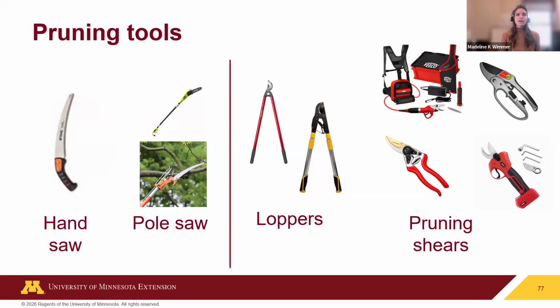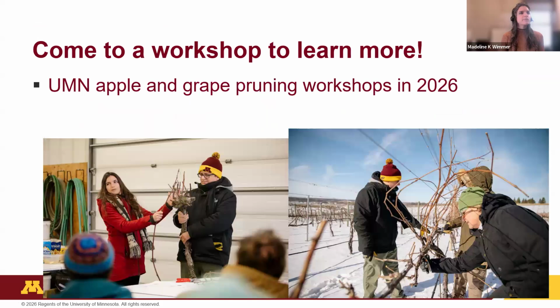There are, for pruning loppers, which are going to be having the long handles, and shears with the shorter handles. There are some that ratchet, so they make it a little bit easier to cut down a branch all at once. There are some that are left-handed. There are some that are for smaller hands. There are electric tools. And then you can see this larger kit here. This is a pneumatic tool, which is very expensive, but effective like an electric tool would be.